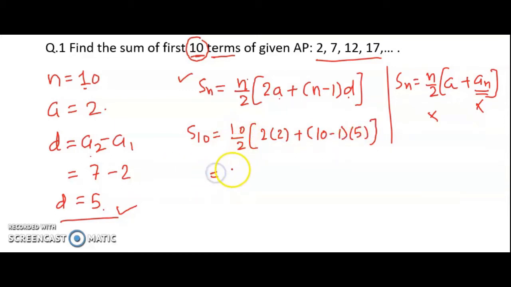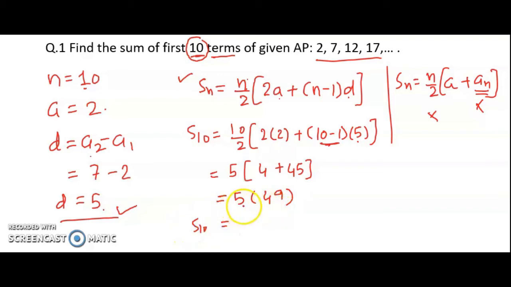If you simplify this, 10 by 2 is 5, 2 into 2 is 4, plus 10 minus 1 is 9, and 9 multiplied by 5 is 45. So you get 5 multiplied by (4 plus 45), that is 49. So the sum of first 10 terms will be 49 multiplied by 5, so you will get 245. This is the answer.